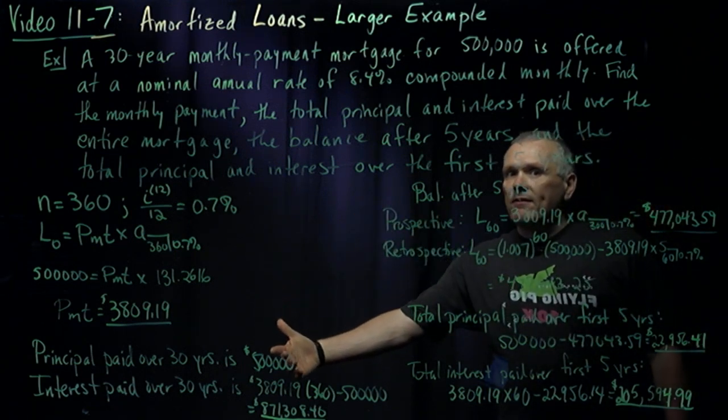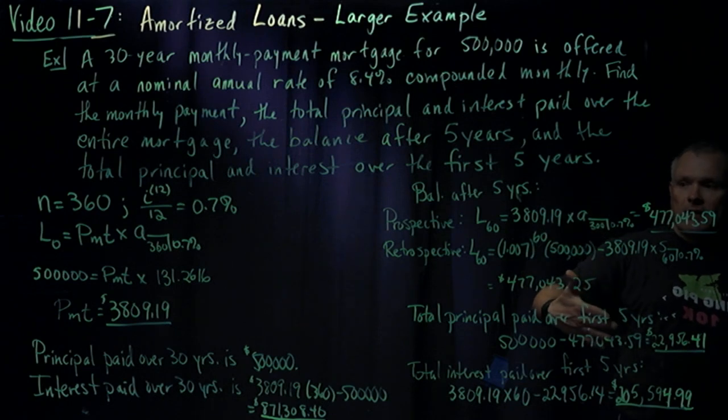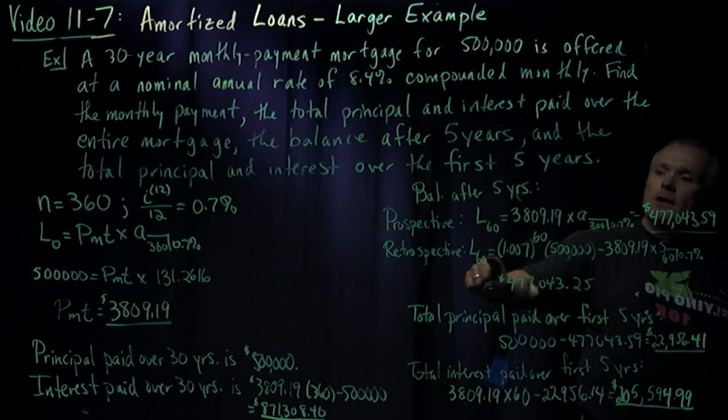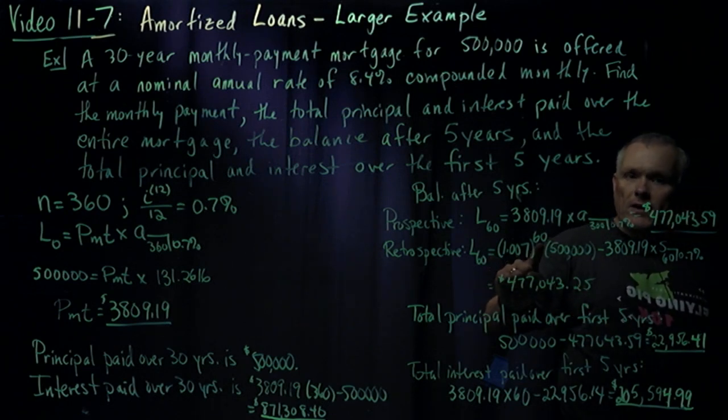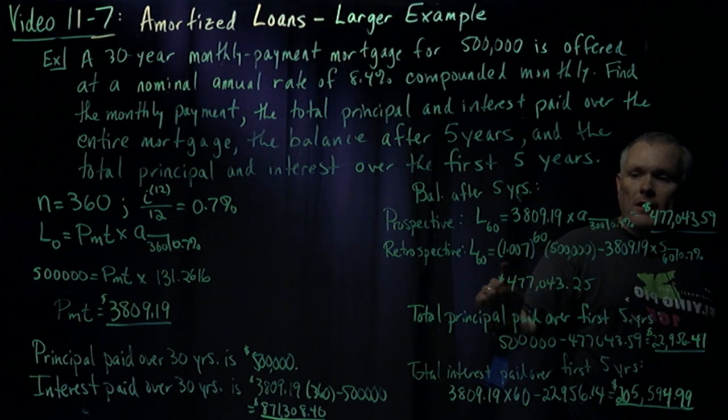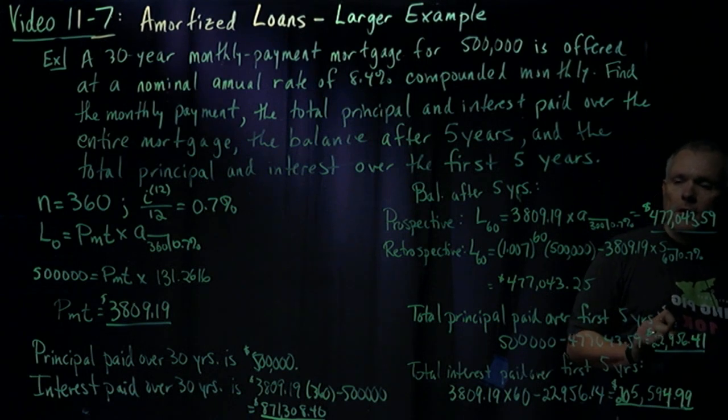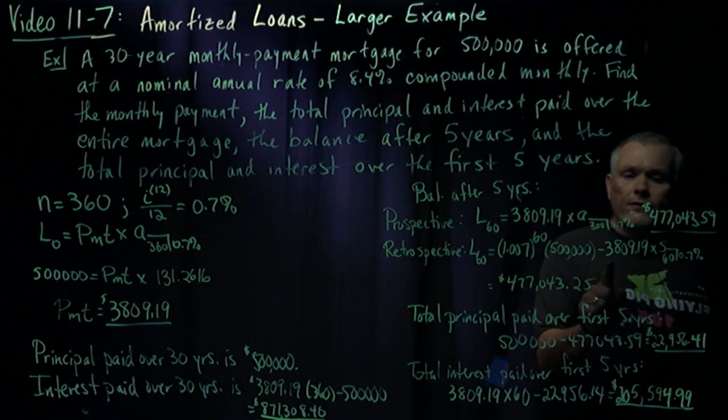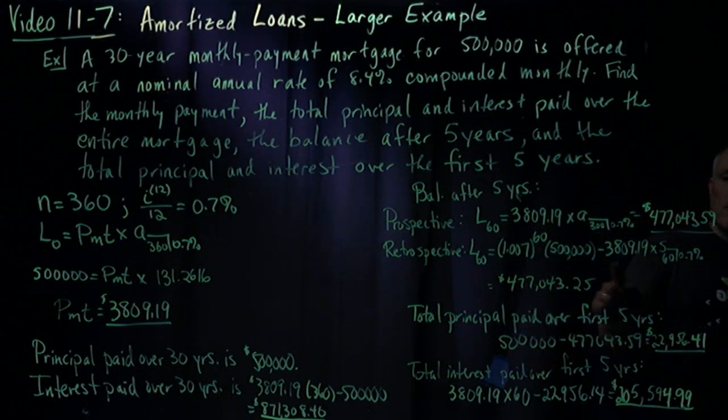From retrospective, remember that's looking back. That's the accumulated value of everything up until the time that we're interested in. The accumulated value at time 60, after 60 months, of the loan balance is 1.007 to the 60th times the 500,000. We also need to subtract off the future value, the accumulated value, of the payments that we've already made. That's where this s-angle-60 is coming in.